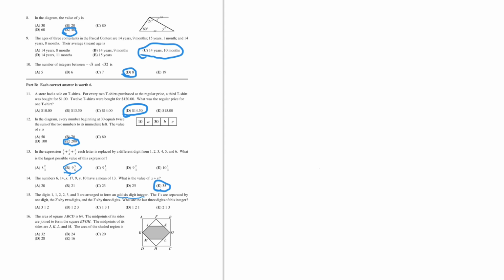So they form a 6-digit number, and it's an odd number. Odd means the ones digit can only be 1 or 3. Now we try the 1.